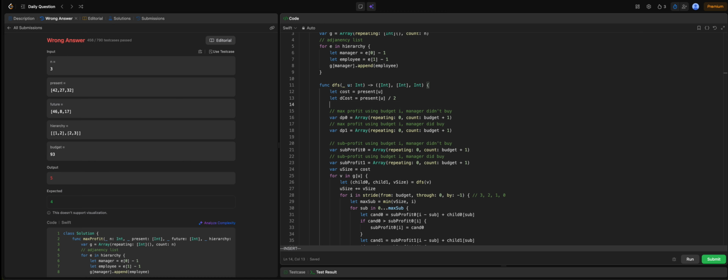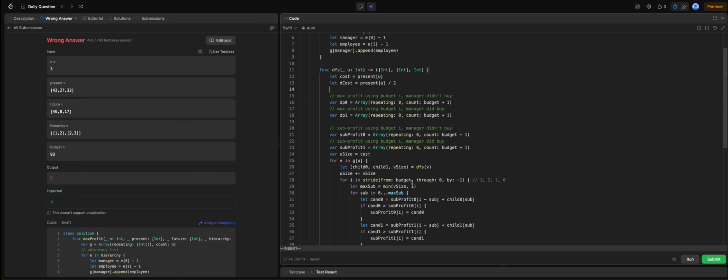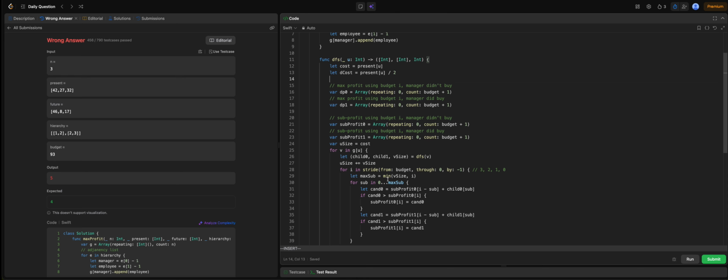That's also exactly what we want to do. And then I have u size, and then u size plus equal to v size, and then child 0, child 1, and v size. Now I just pass the v in here, which is the g of u. So I'm going to iterate through v size and i.